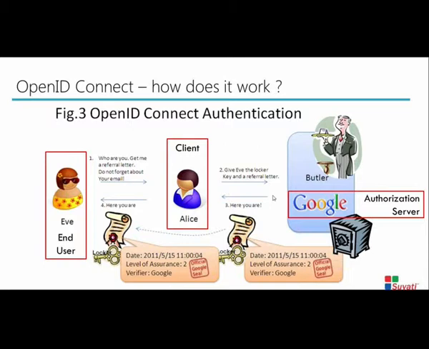You can use Amazon to log into your client application. You can even use PayPal. I hope most of you have seen the keyword social sign-on. So using the OpenID Connect protocol, you can enable social sign-on in your client applications.